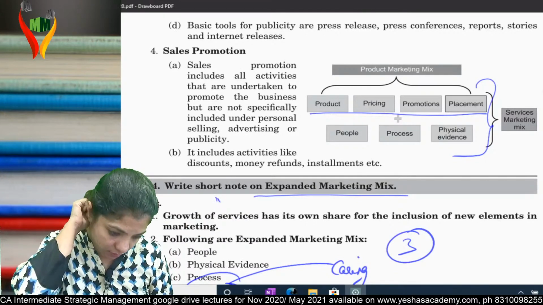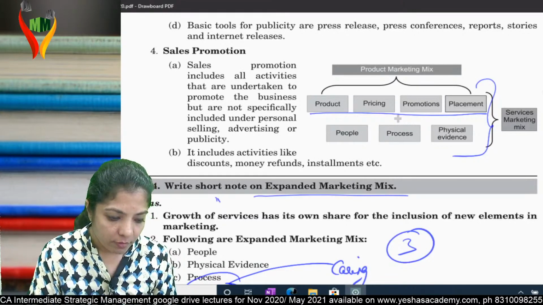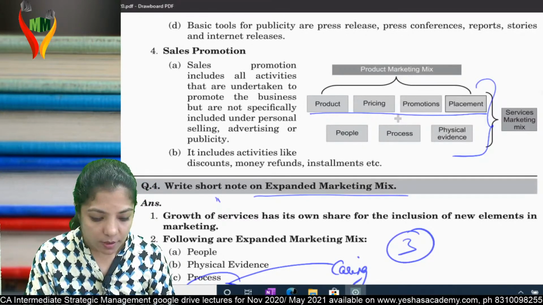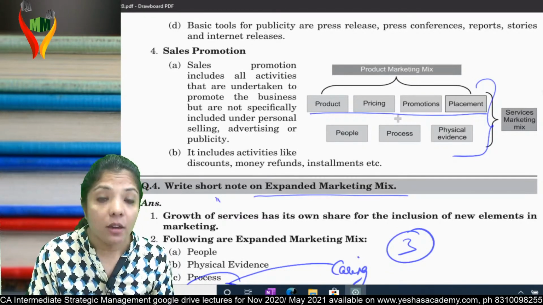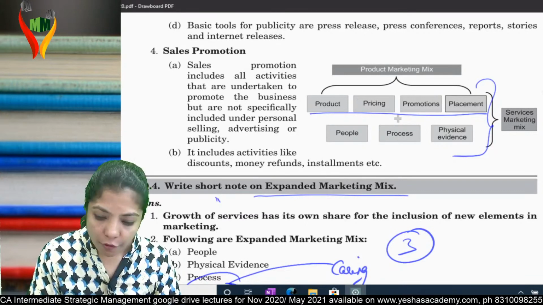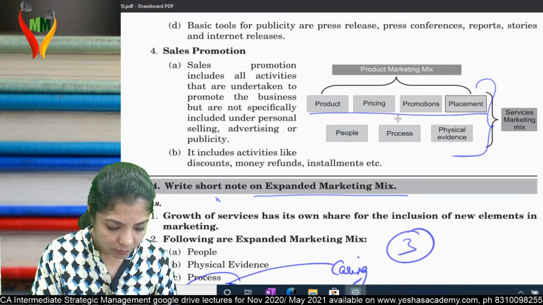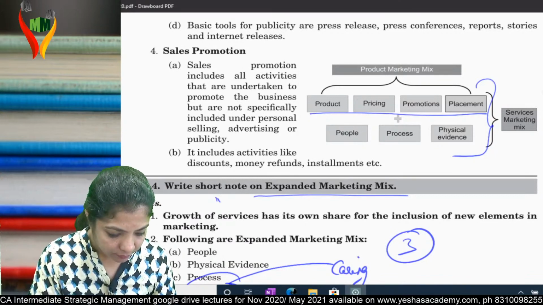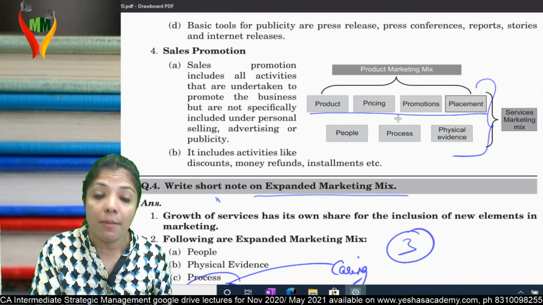Growth of services has its own share for inclusion of new elements in marketing.